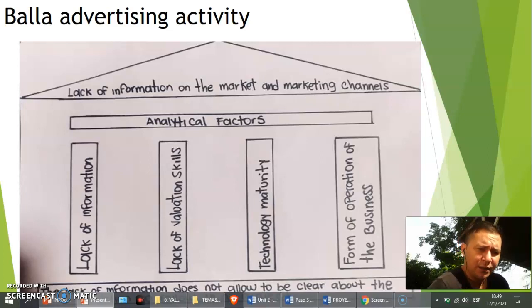Analytics parties look of information, look of production skills, and technology maturity, farm owners operation of the fisheries. The relevant information does not allow them to be closed or divorced.